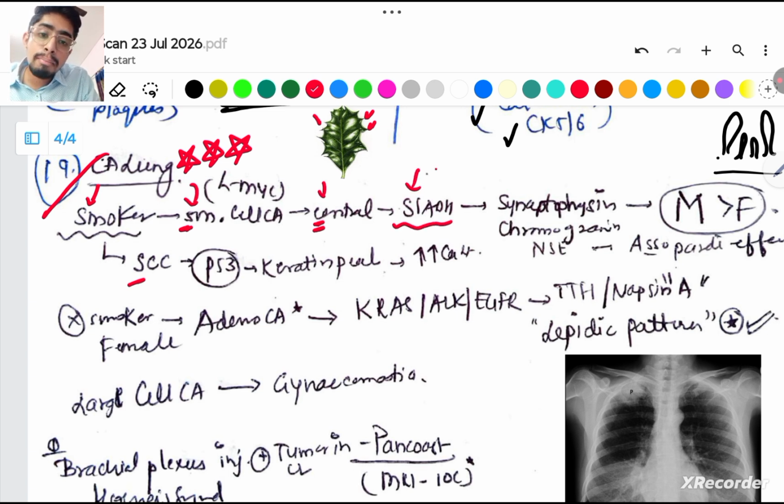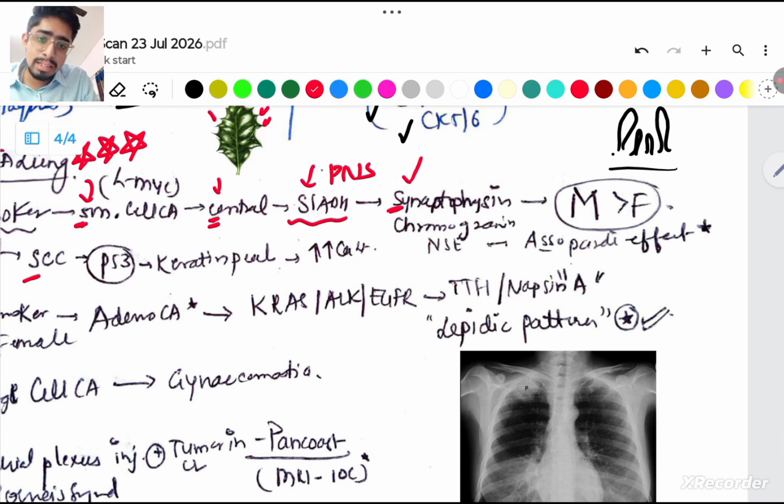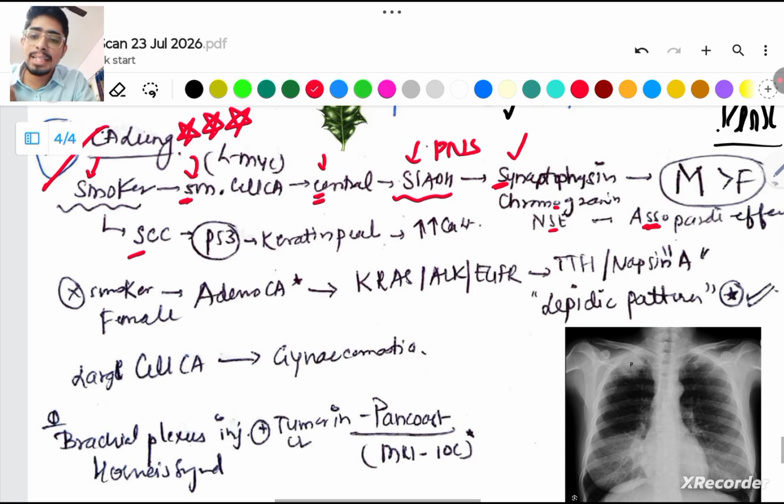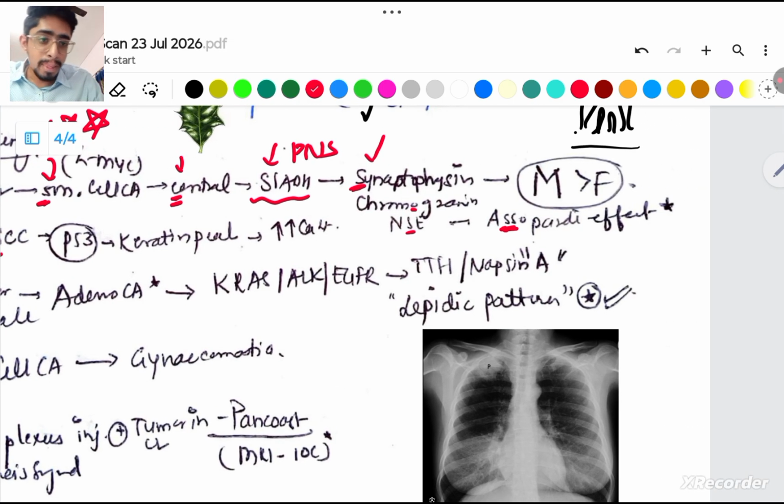SIADH is basically a paraneoplastic syndrome, right? Now, synaptophysin, chromogranin, and NSE. For the Sopard effect, we can remember Sopard effect, so everything is S. If everything is S, it is about a small cell carcinoma. Now, males are more commonly involved in small cell cancer compared to females.